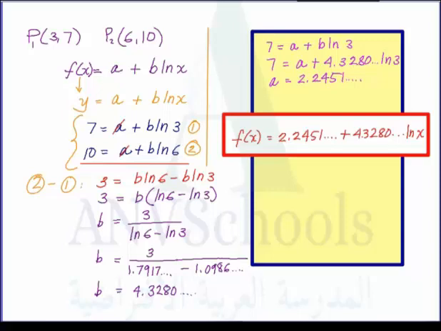So we're going to find f of 24 here, and this is letter C.